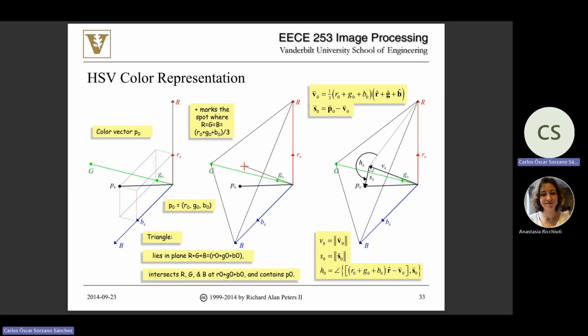And H is called hue, which is difficult to define. Mathematically it is this angle, but in Spanish it is called tonalidad. But what is tonalidad exactly? There is no exact definition of hue, but mathematically there is.